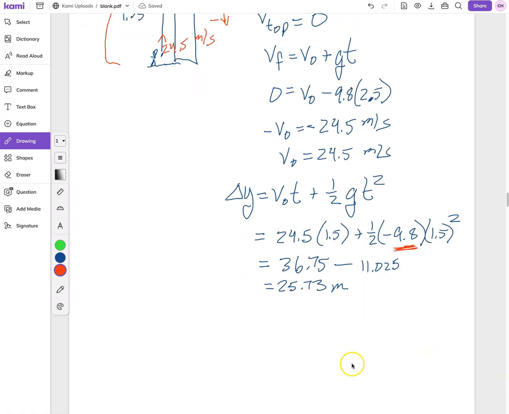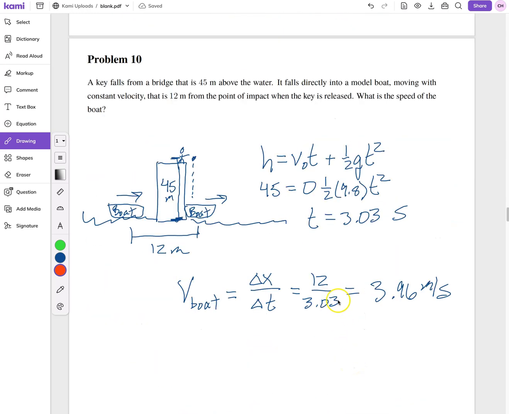For the very last problem, we have a boat, and the boat starts right here. So this is the starting point, and then right here is kind of the end, but it's still moving. So it's just going along at a constant speed, and this key falls from somebody's hand, and it lands in the boat.